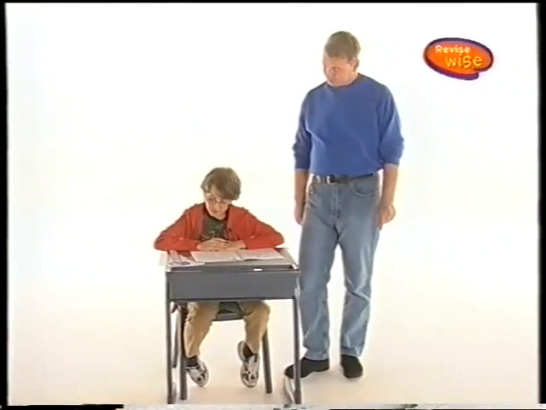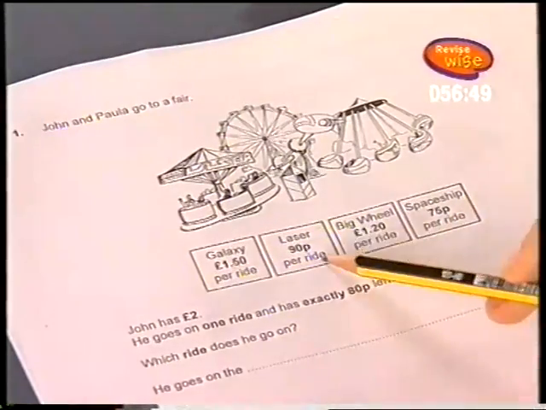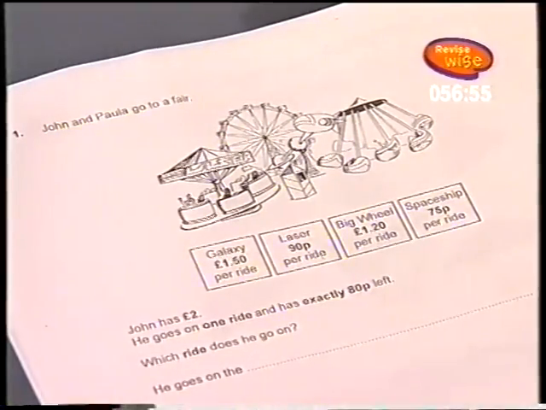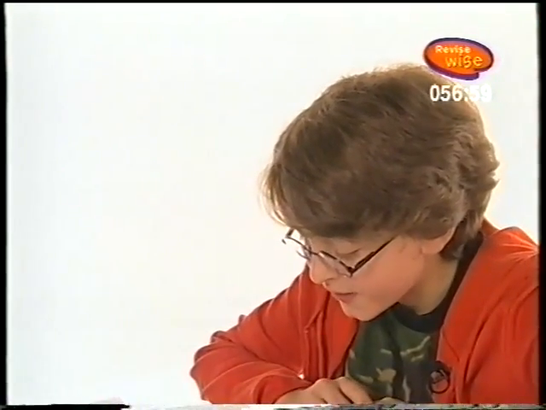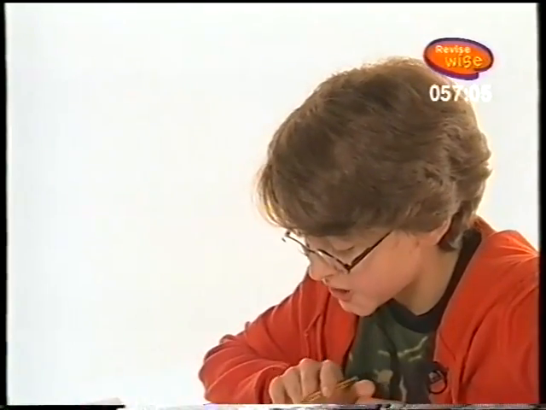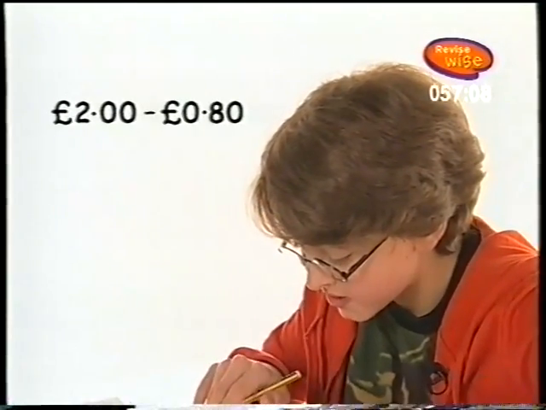Here's a question or test about subtracting money. They give you the cost of different rides at a fun fair, and you have to work out which ride John could go on and get 80p change from £2. Right, let's do it. I have to work out the difference between the money that John's got and the change he'll get back. That's the difference between £2 and 80p.